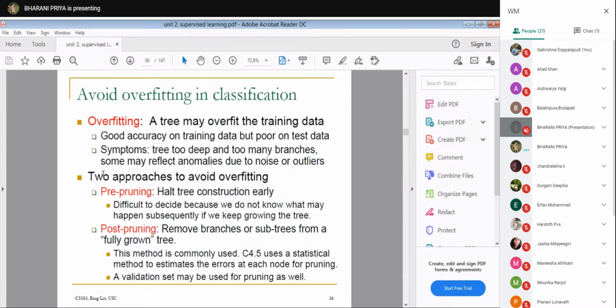Overfitting. What is overfitting? Overfitting is when you check the accuracy on the training data, the accuracy may be good, but when the same thing is tested on the test data, the accuracy may be poor.